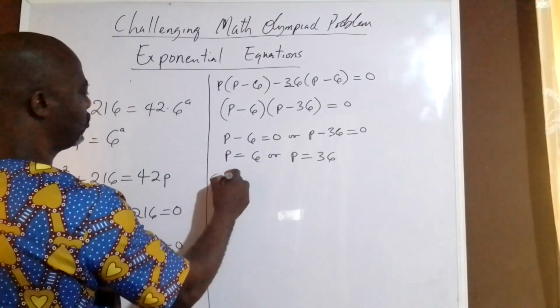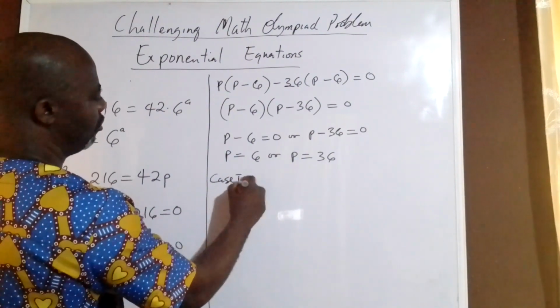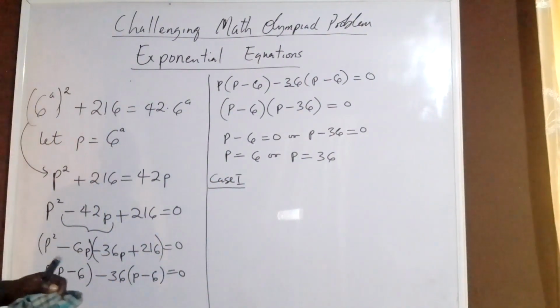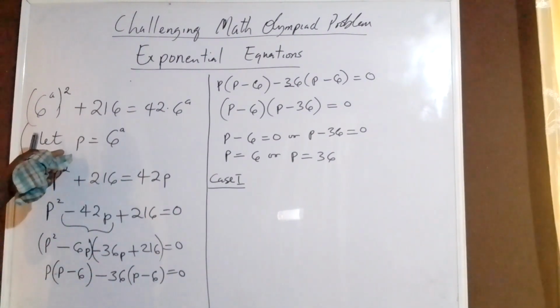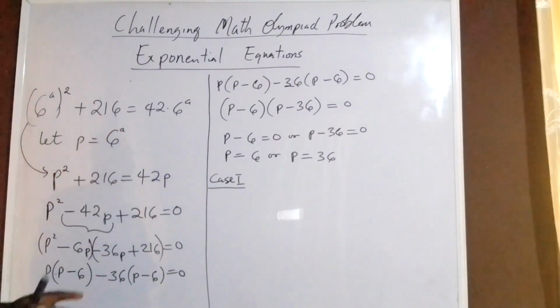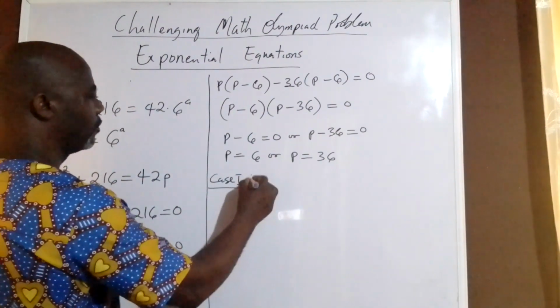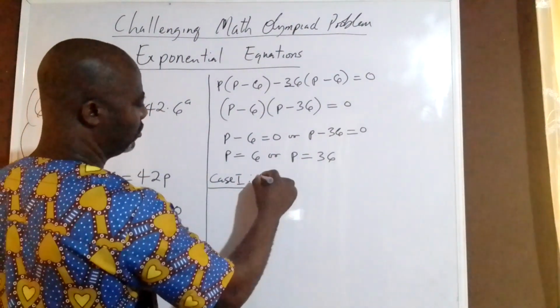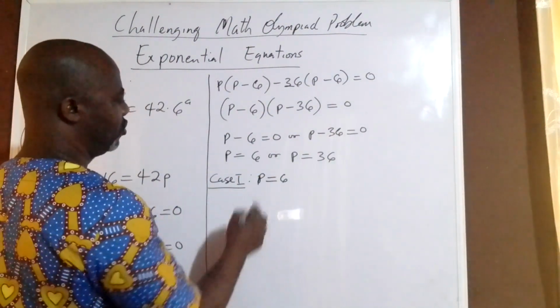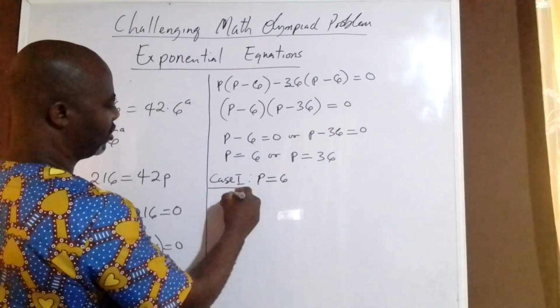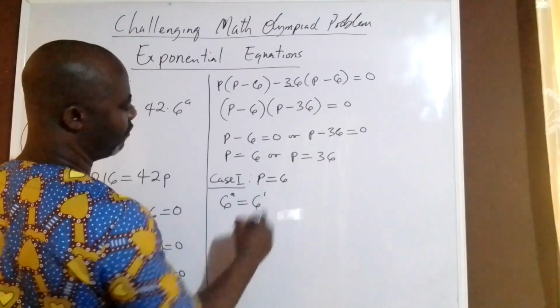So for case 1, don't forget that we have A and B, and P is equal to 6 to the power of A. Once we get the value of A, we will also have to get the value of B. So for case 1, P equal to 6. If P equal to 6, then it means that 6 to the power of A will be equal to 6 to the power of 1.